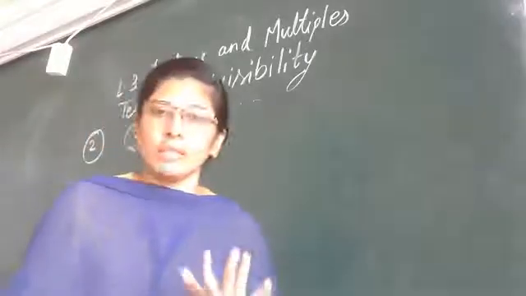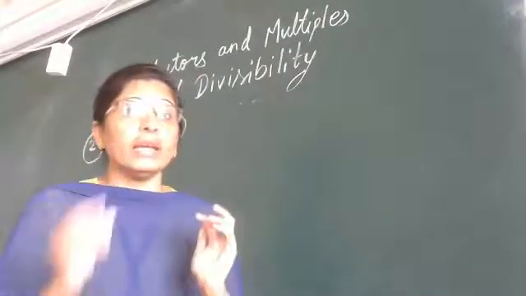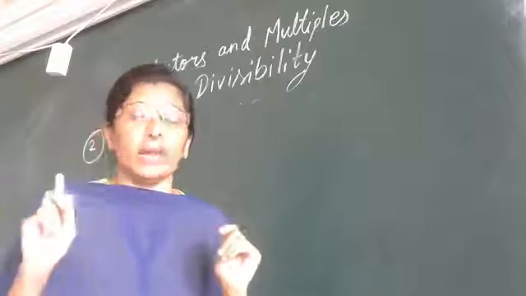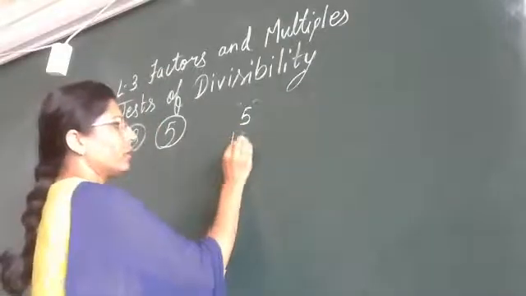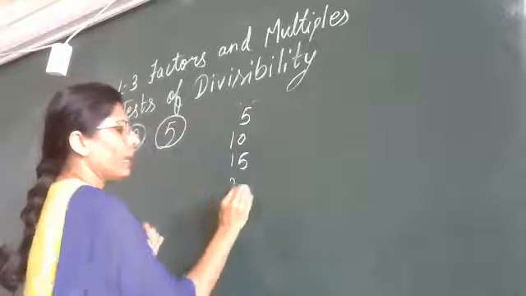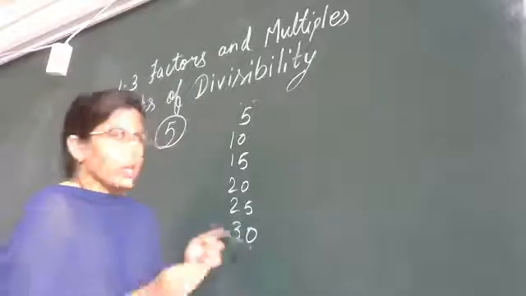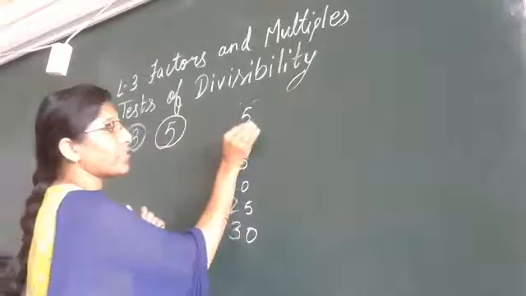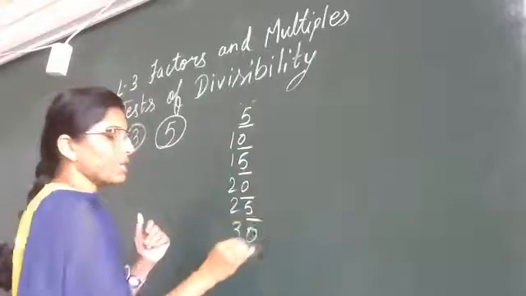Okay. To find the divisibility of 5, what you have to do? You only have to see that 5 should be in the one's place. Now you know the 5 table: 5, 10, 15, 20, 25, 30. Here you can see in one's place there is 5, 0, 5, 0, 5, 0.